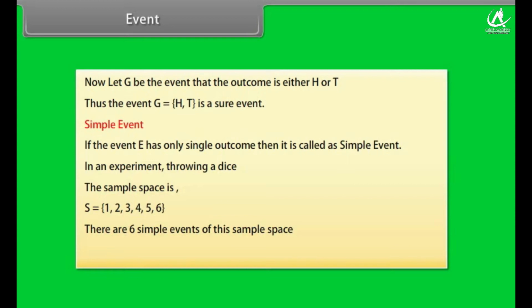There are 6 simple events of this sample space. E1 = {1}, E2 = {2}, E3 = {3}, E4 = {4}, E5 = {5}, and E6 = {6}.